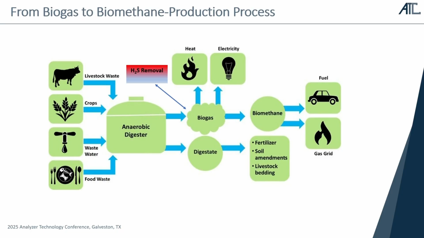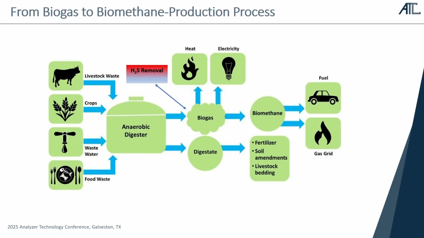The biogas can be cleaned and upgraded to produce biomethane, and biomethane can be used interchangeably with conventional natural gas as fuel, or fed into the gas grid to use as fuel for homes and industries. The other byproduct from this process is the digestate.